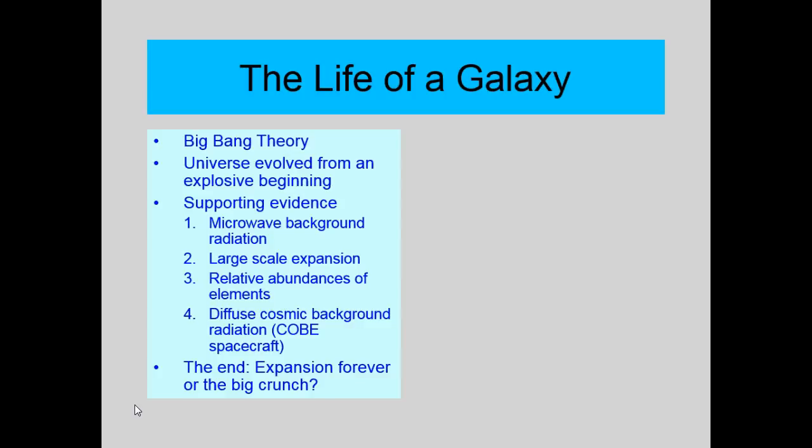Okay? Now, the same thing happens with light. As things are moving closer together, the light waves get shorter, and therefore they go up in frequency. And when they're moving away from each other, the waves tend to get longer, and they go down in frequency. Okay?